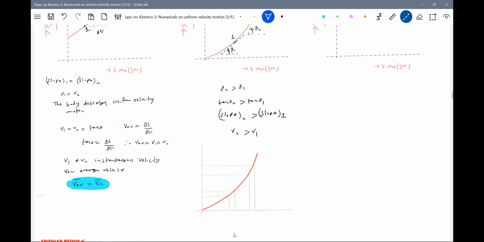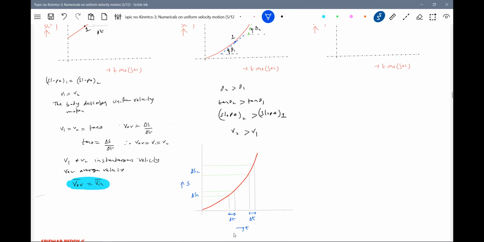This interval is the same. Delta t, delta t. What about here? This is delta S1. This is delta S2. Okay, agreed. Now you have very beautiful information in front of you.